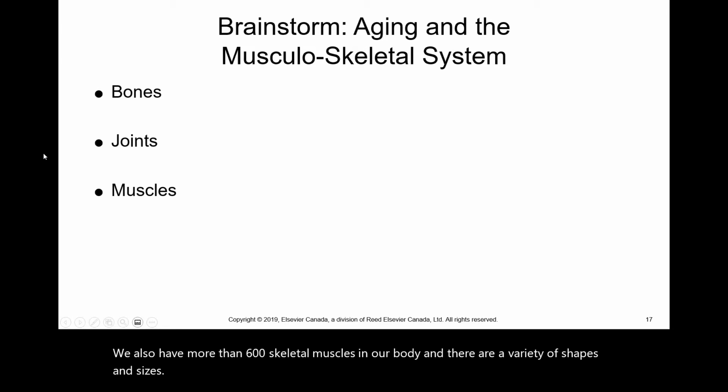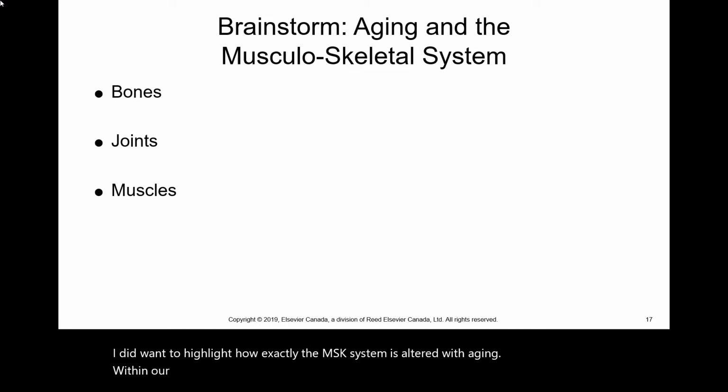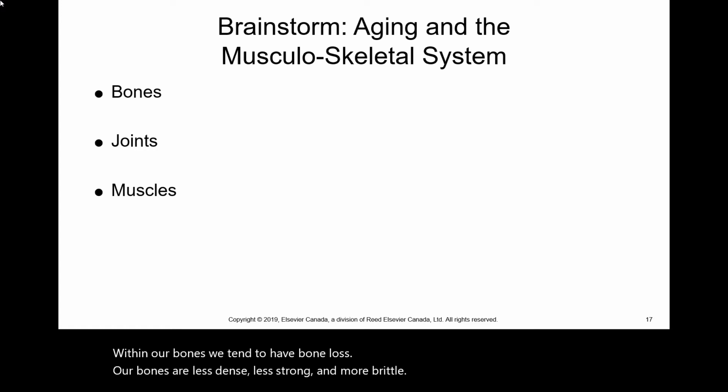Now, I did want to highlight how exactly the MSK system is altered with aging. Within our bones, we tend to have bone loss. Our bones are less dense, less strong, and more brittle. The time it takes to remodel bone is lengthened.